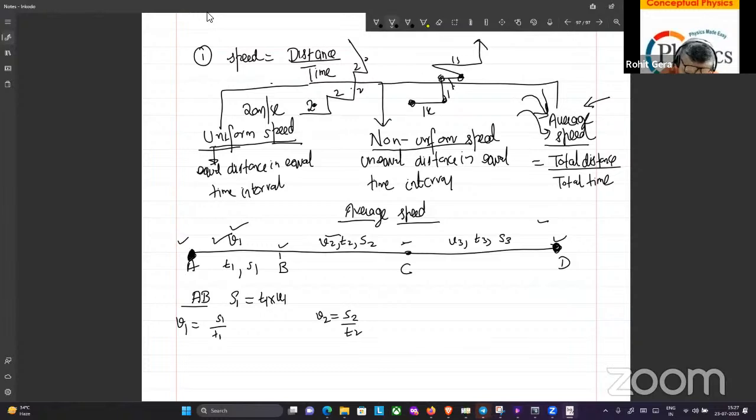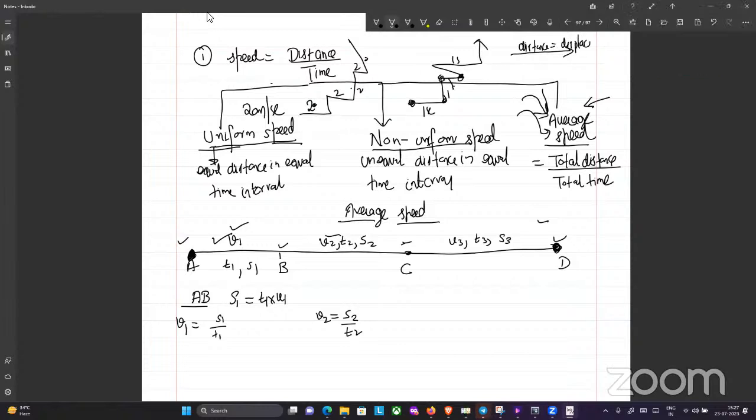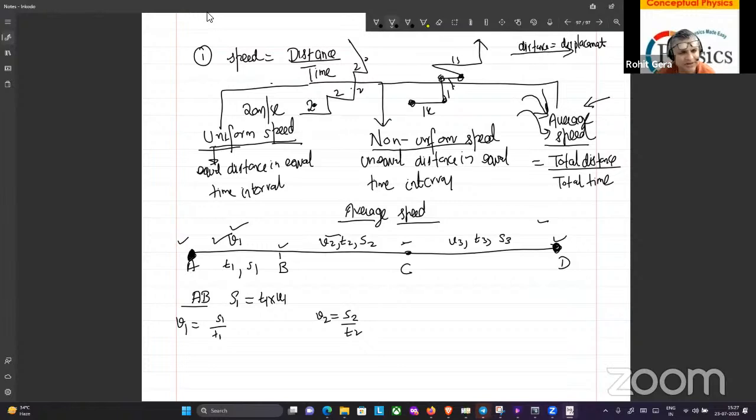By the way, if a motion is a linear motion in only one dimension, the x-axis, then distance is equal to displacement. You read this in class 9th also. Generally, distance is greater than or equal to displacement, because distance is the actual path, whereas displacement is a straight line.